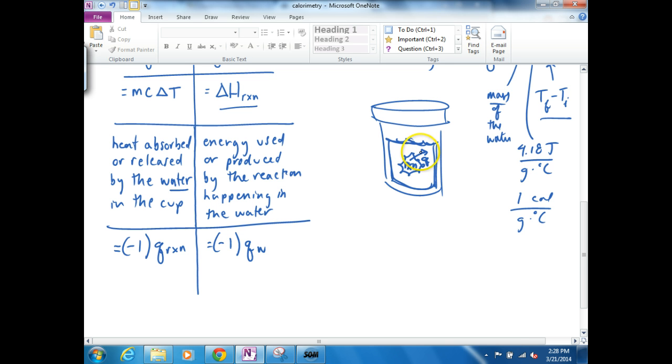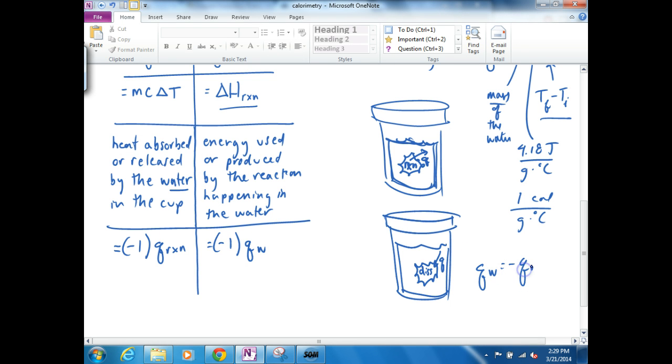And whatever the reaction uses, the water loses. So if we dissolve salt in water, the water actually gets colder. What's happening in that case is a dissolution process, not technically a reaction, but something dissolving in the water, and Q goes out of the water into that dissolving process. That's where we get Q sub W equals negative Q for the reaction.